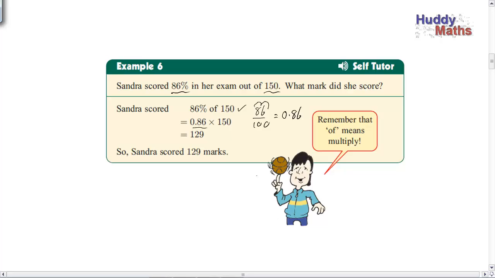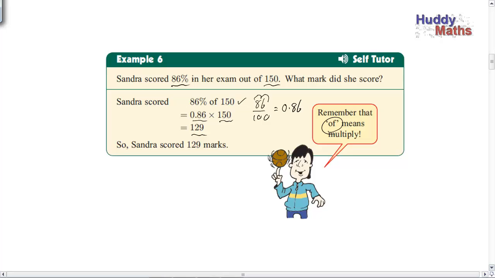And we're finding that percentage of 150. So here the "of" means multiply. So it's 0.86 times 150, which is 129. So if you want to know how many marks she lost, that's 21, isn't it? 129 out of 150 was the 86%. So we can go backwards and forwards to better understand the idea of comparing performances particularly.